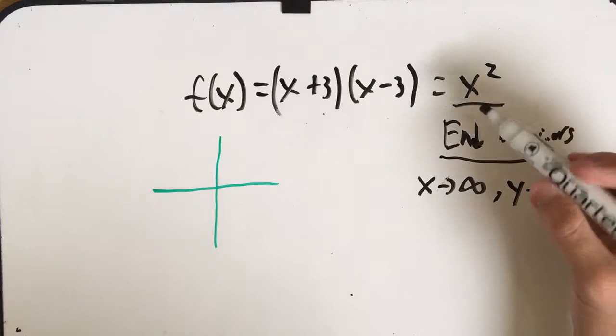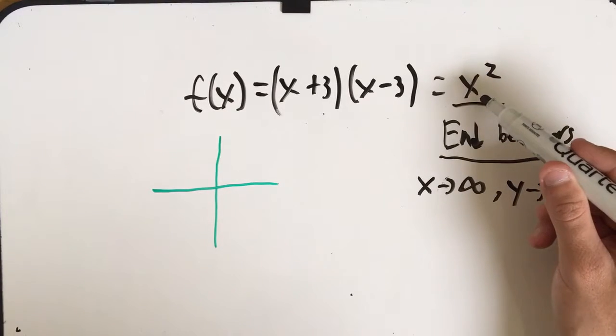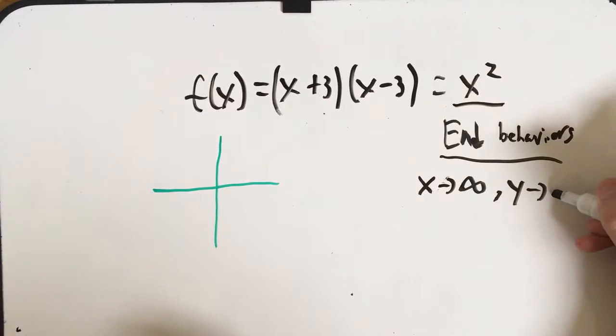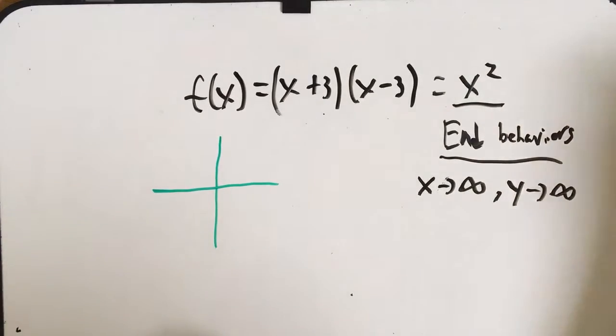If you put in a positive number, positive 1, it's going to come out positive since it's squared. So therefore we know it's infinity.